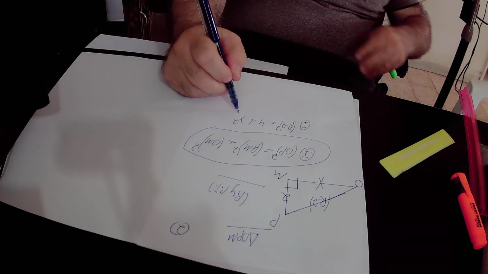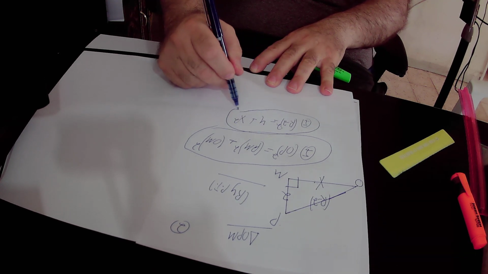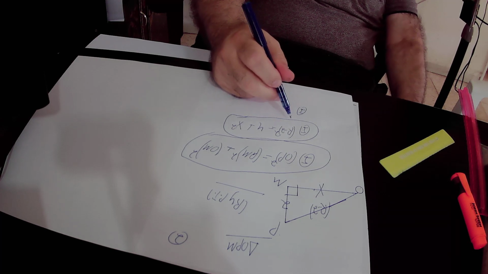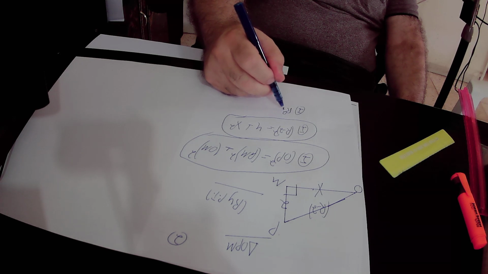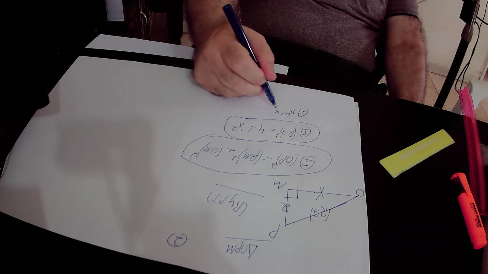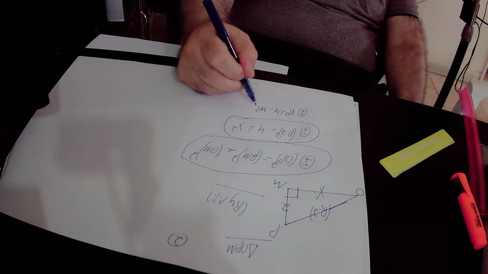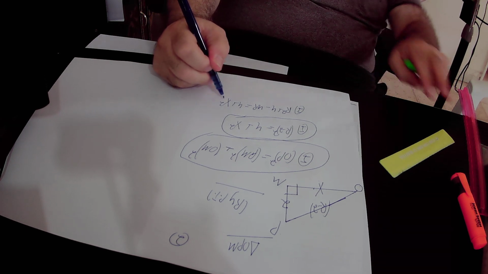So in conclusion, according to equation number 1, R minus 2 squared equals 4 plus X squared. Here we'll open the brackets on this side of equation number 1 and we'll get that R minus 2 squared equals R squared plus 2 squared, that is 4, minus 2 times R times 2, that is minus 4R. That is equal to 4 plus X squared.